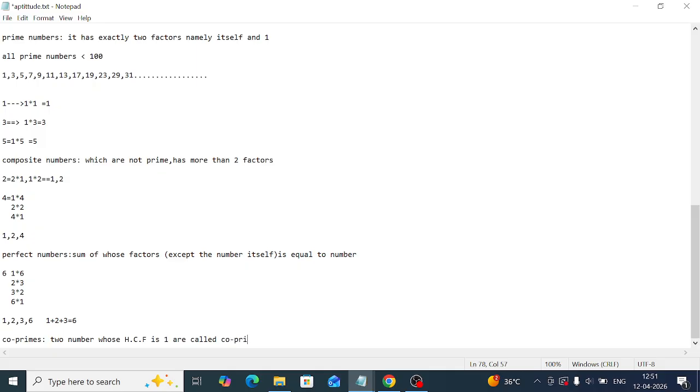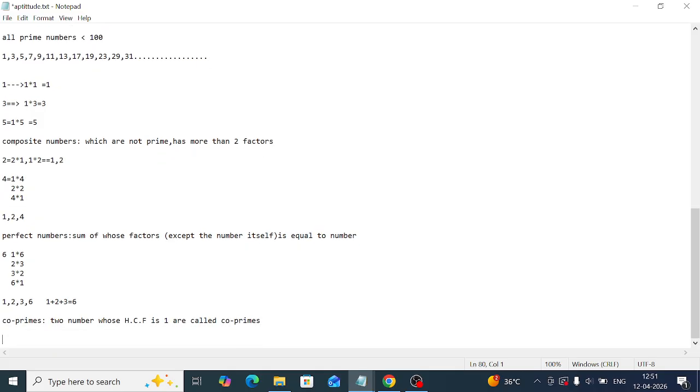That means HCF means highest common factor. I will tell you. HCF means highest common factor. Okay.